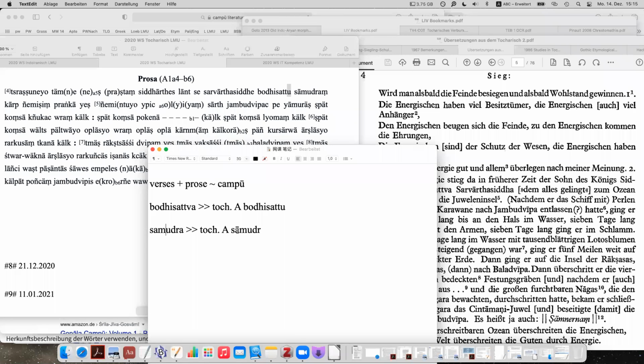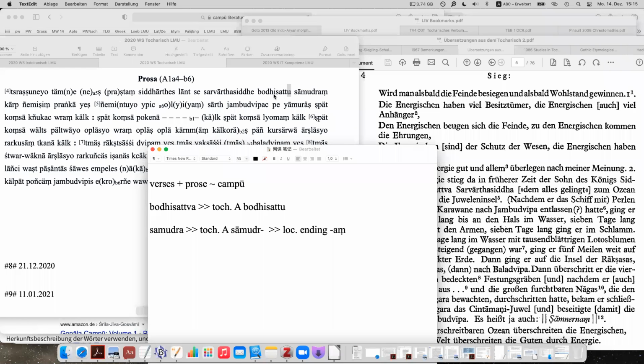And then in Tocharian A, the first vowel was lengthened, and then the final consonant was dropped. So it becomes samudra, yeah. And the samudra with a locative singular, so it's locative ending. So with locative ending, yeah. So this is the reason, yeah.